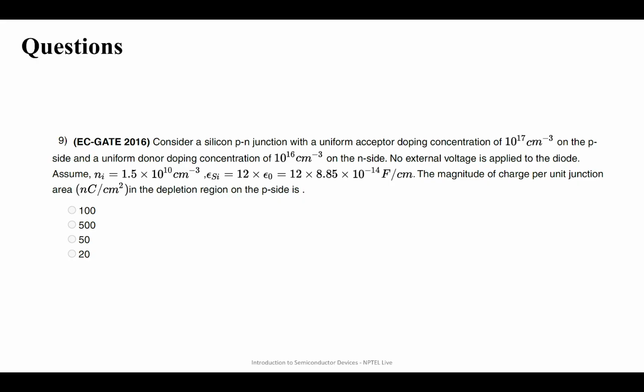Assume Ni equals 1.1 into 10^10 per centimeter cube. Epsilon Si equals 12 into epsilon naught, which is 12 into 8.85 into 10 power minus 14 farad per centimeter. The magnitude of charge per unit junction area in nC per centimeter square in the depletion region on the P side is: 100, 500, 50, 20.